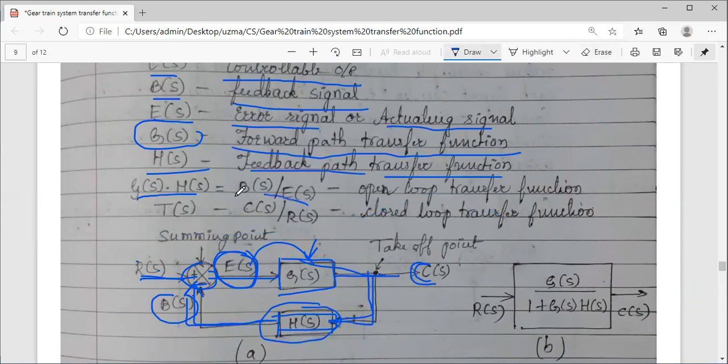Open loop transfer function is this. B by E is closed loop, because when you are taking the feedback signal, feedback comes in closed loop. So please interchange them, these two, closed and open loop. The second term, that is C by R, output by input, it is open loop. Okay, this is your open loop transfer function.